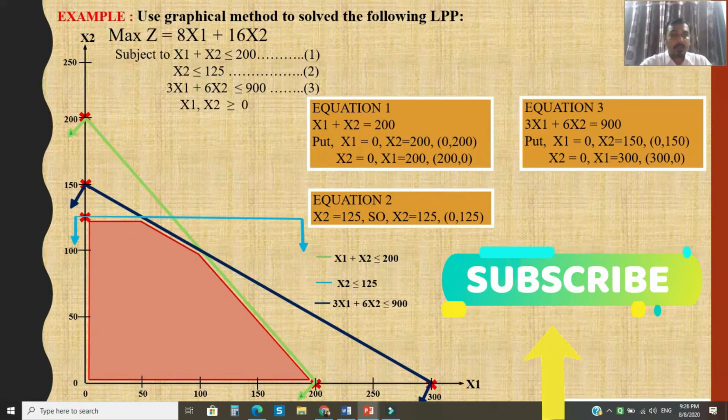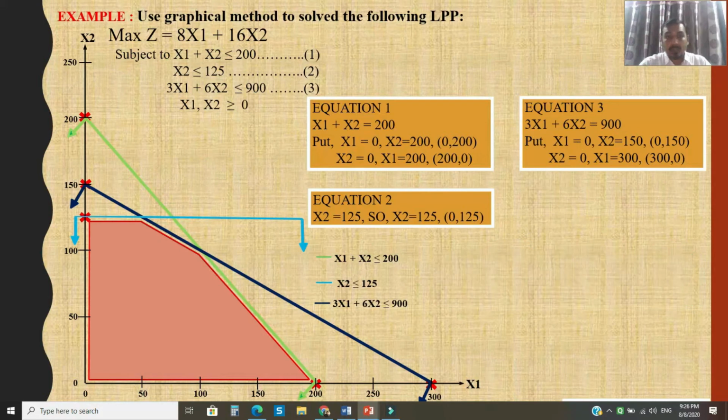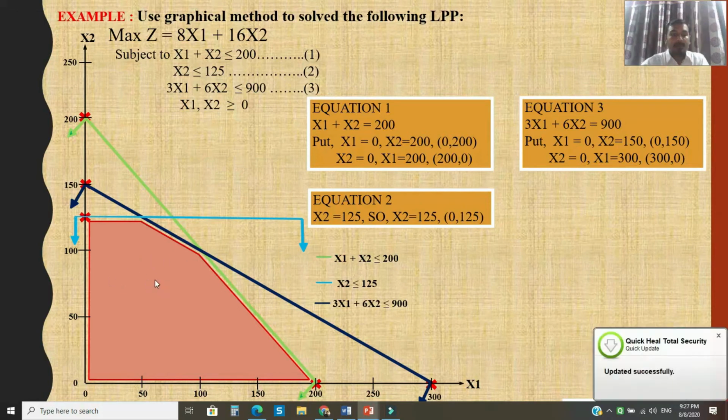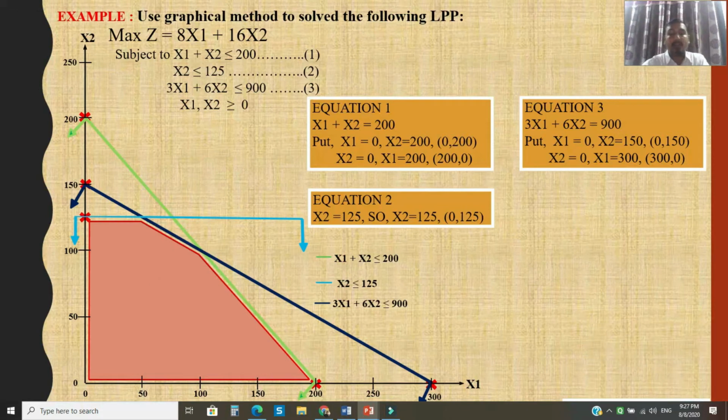Clear? Now it's required to find the feasible region. Feasible region means the common area for all the constraints. Here it is shown by the shaded area. Now to fulfill the objective function, it's required to find the point by any method, the extreme corner point method or isoprofit line method.